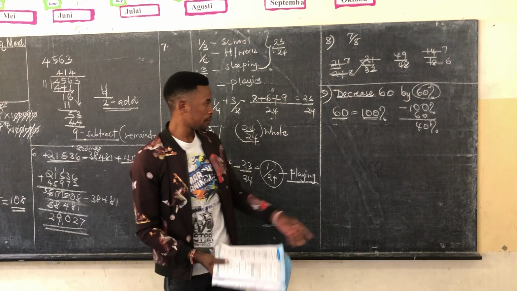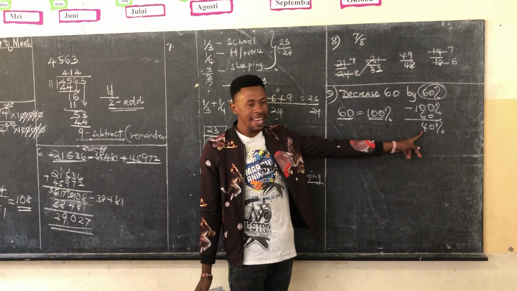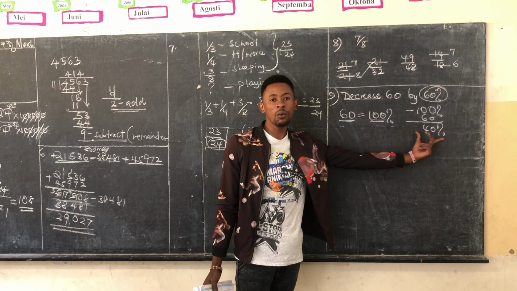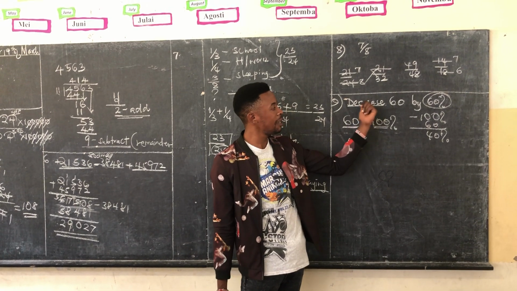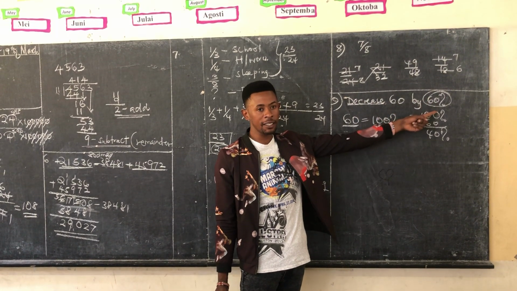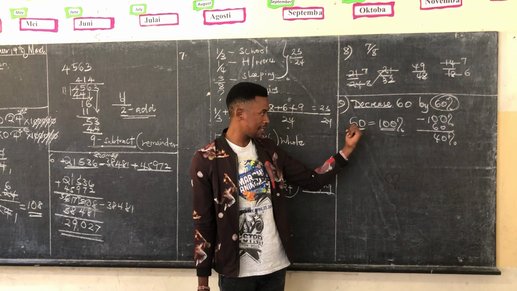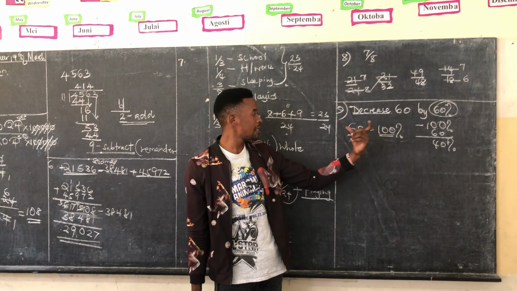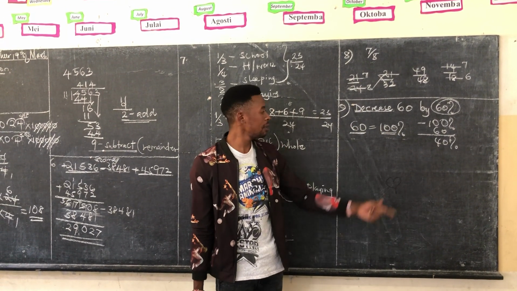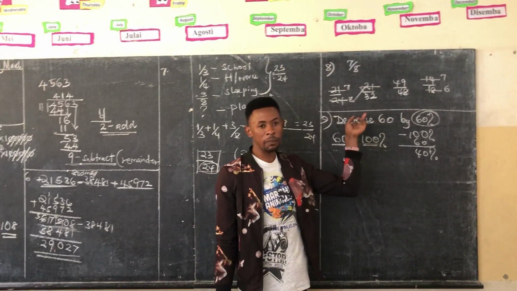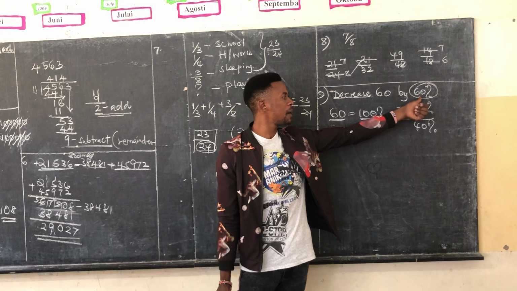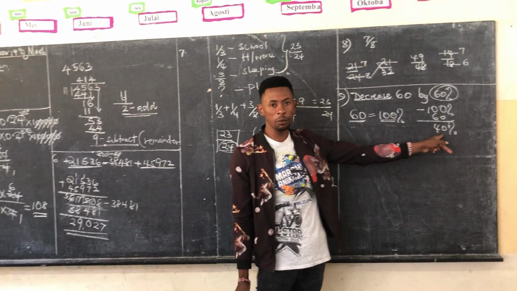So our new percentage is 40, and this is what we want to find: the new amount after we decrease 60 by 60%. When you decrease, you're subtracting 60%, so the new percentage is 40.